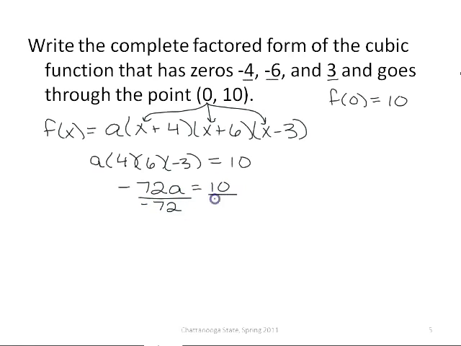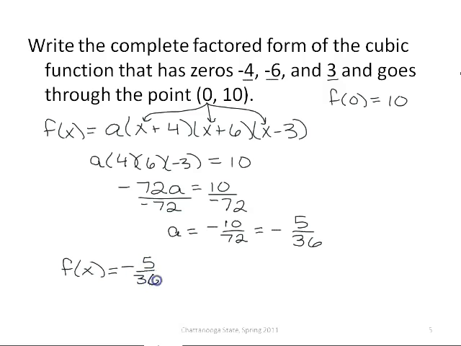So I can solve this for a by dividing by -72. And I get that my leading coefficient is -10 over 72. I can reduce that to -5 over 36. So my polynomial now is -5 over 36 times x plus 4 times x plus 6 times x minus 3.